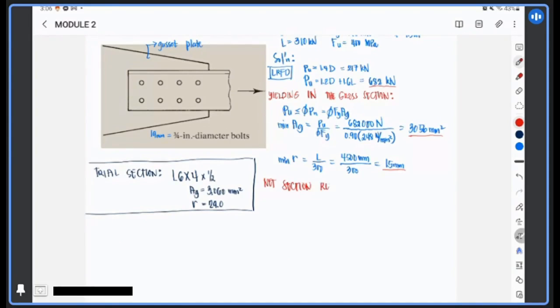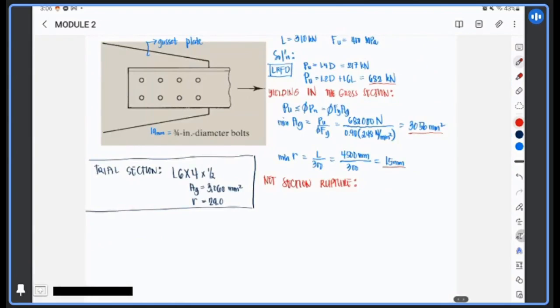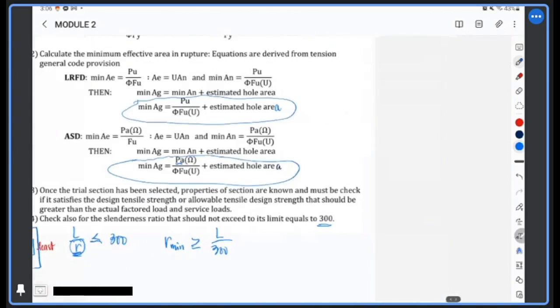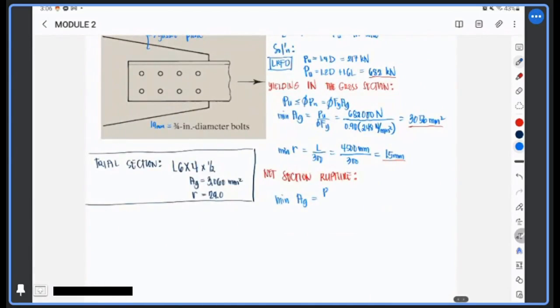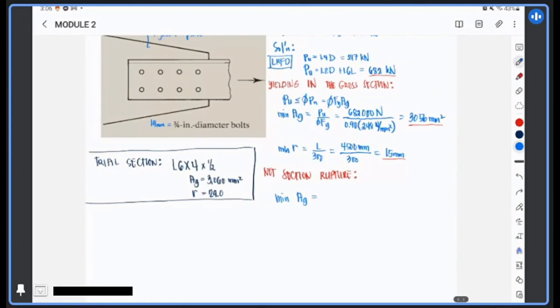Net section rupture, that is the minimum Ag is equal to Pu over phi Fu times U, because we are considering LRFD.